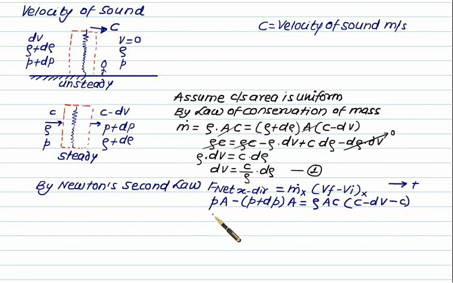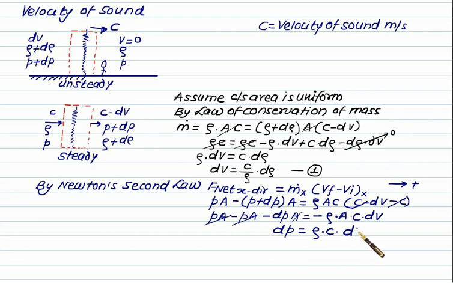If we expand this, we get P into A minus P into A minus dP into A. Here c and minus c cancel out, and we get minus rho into A into c into dv. Here PA and minus PA will cancel out, the minus minus sign we can omit, and the area will get cancelled. So what we get is dP equal to the product of density into c into dv.